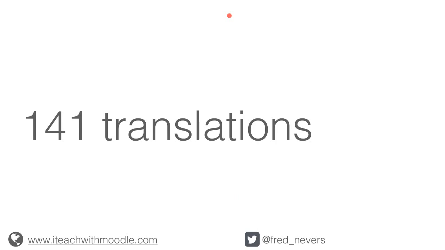So only some of the strings are changed for this. So the idea is that Moodle has the ability to plug language packs in which translations are saved. And currently there are 141 on the Moodle.org website, obviously all free and available to the community.